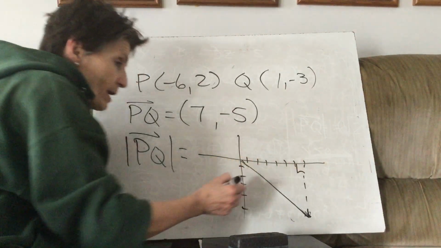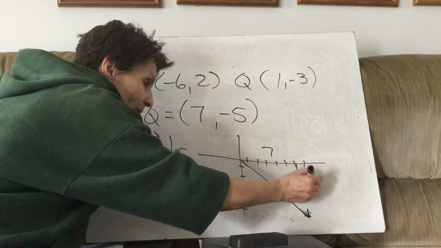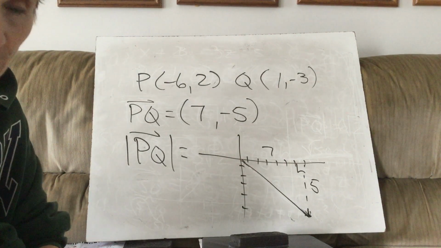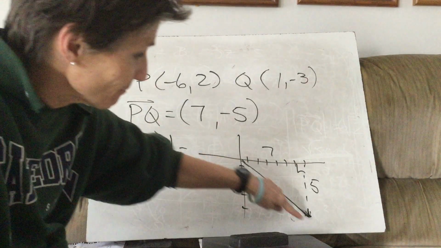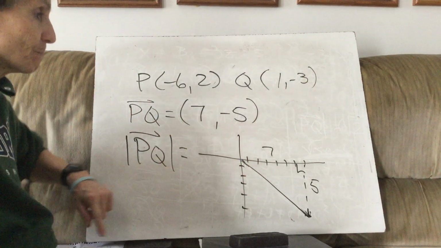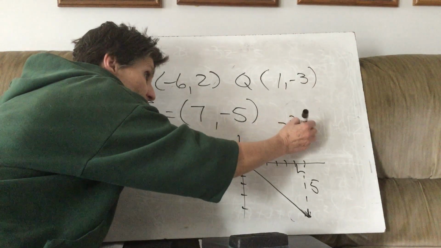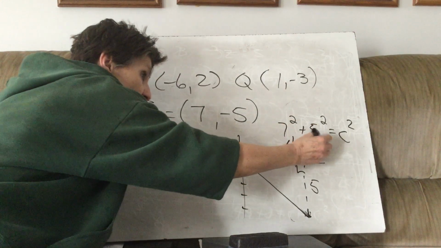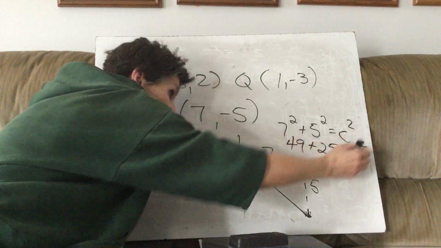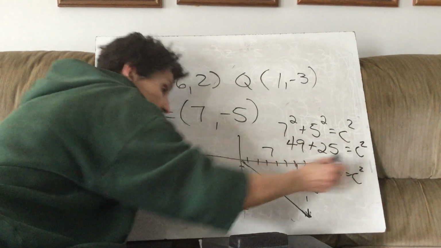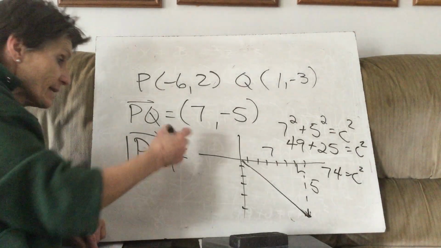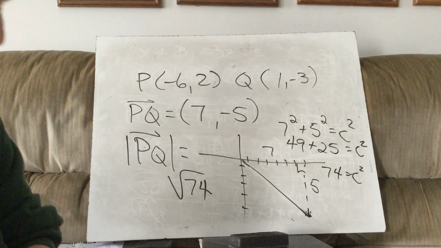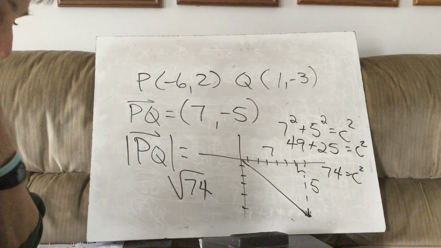So my little right triangle here, I can count over 7 and down 5. I know that's negative, but it doesn't really matter because I'm going to square it anyway, right, when I do the Pythagorean Theorem. My job is to find the hypotenuse here. That's the magnitude. So 7 squared plus 5 squared is going to be my hypotenuse squared. So 49 and 25. So 74 equals c squared. So the length is going to be the square root of 74. Your magnitude is the square root of 74.